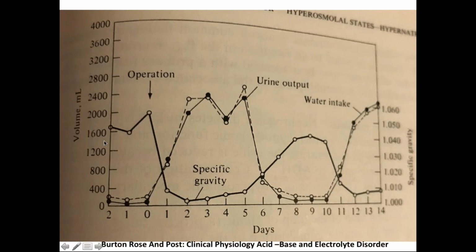The volume and the urine output initially are stable with water intake, and then post-op they can have a drop in their urine osmolarity as there is no ADH being produced, and they go into a diabetes insipidus, and then they have a release of ADH for a few days, and then they can go back into their diabetes insipidus.